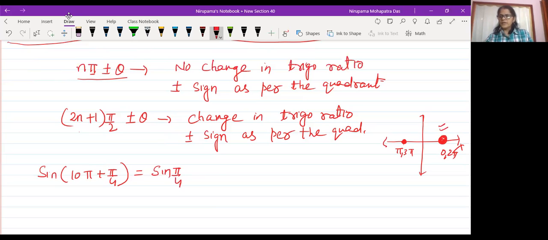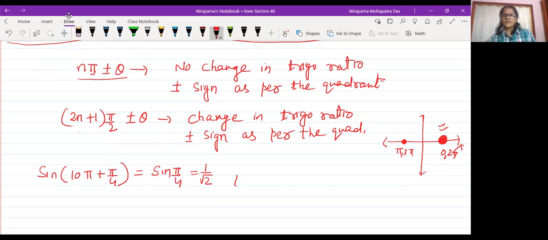The position of 10 pi is on the x-axis, right side of origin. Whenever you go like 10 pi plus theta, you are coming to the first quadrant. So first quadrant all positive. So sine pi by 4 is equal to 1 by root 2.